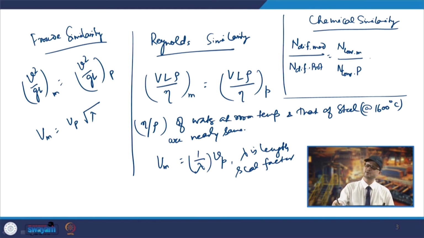All these ratios should have a constant, same value. This means there is chemical similarity.